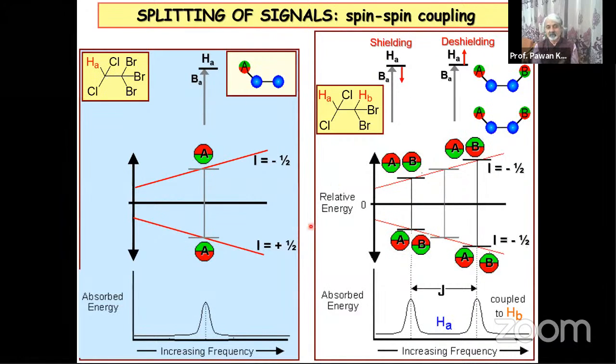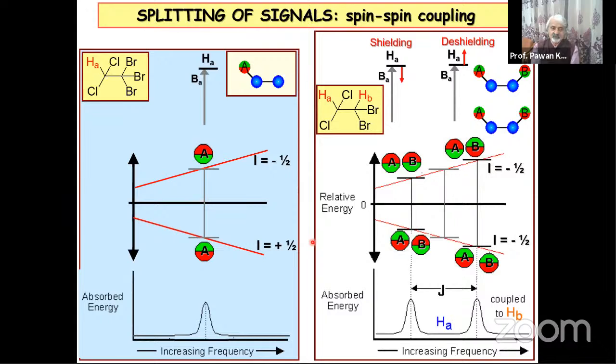And if you remember the population difference, we said that there is almost the same population in two spin states. There was a difference of only, let us say, 16 nuclei or 64 nuclei. In 2 million, 16 is not a big difference. So B aligned or B opposed would be almost the same population, the same number of HB nuclei.